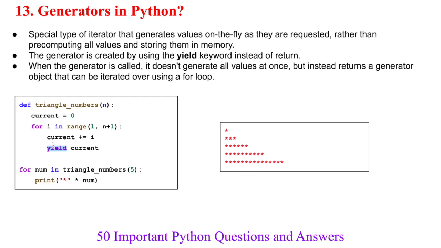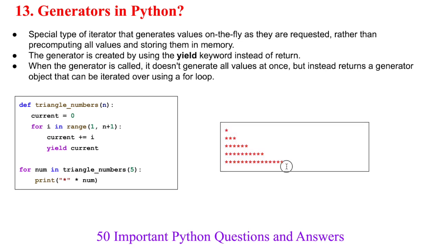In the for loop, we call the triangle_number function with the argument of 5. This returns a generator object that we can iterate over using the for loop. Each time we iterate over the generator object, it generates the next triangle number and returns it to the caller, and the output is similar to that one.